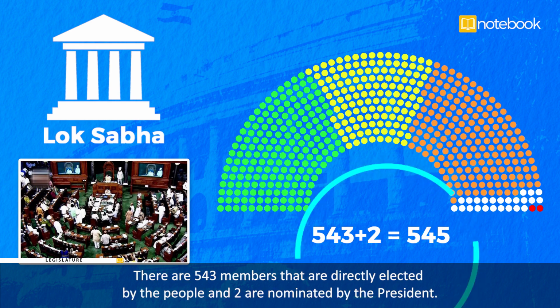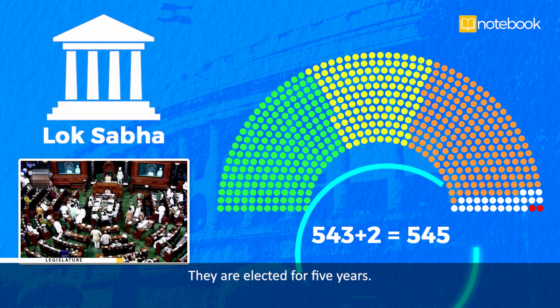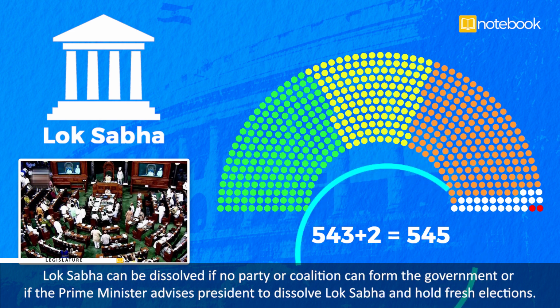There are 543 members that are directly elected by the people and 2 are nominated by the President. They are elected for 5 years. The Lok Sabha can be dissolved if no party or coalition can form the government or if the Prime Minister advises the President to dissolve Lok Sabha and hold fresh elections.